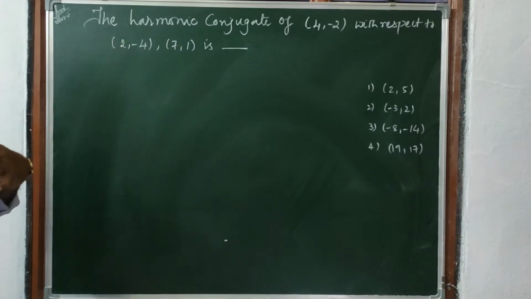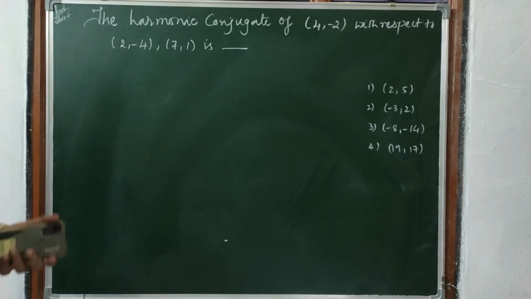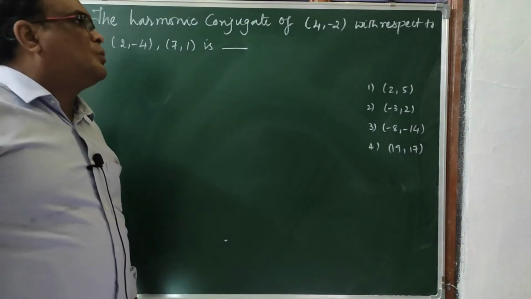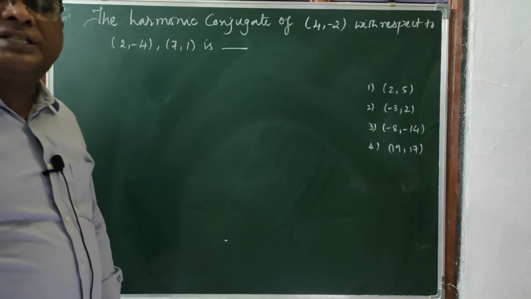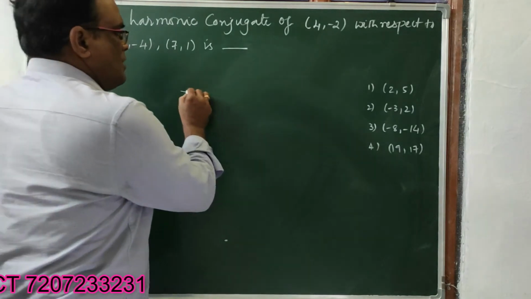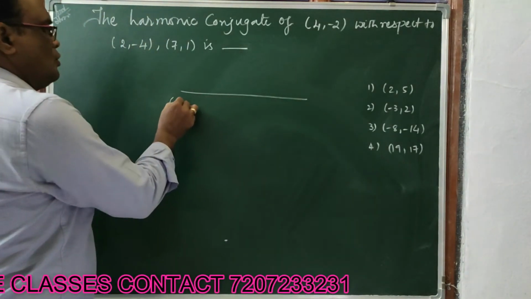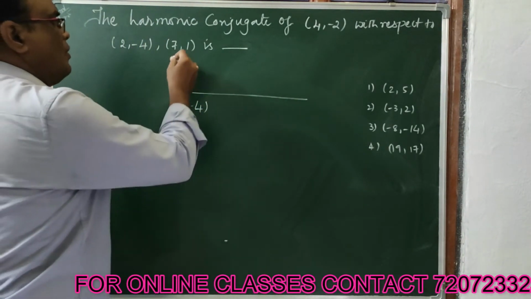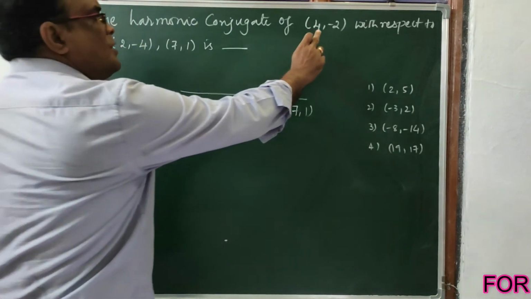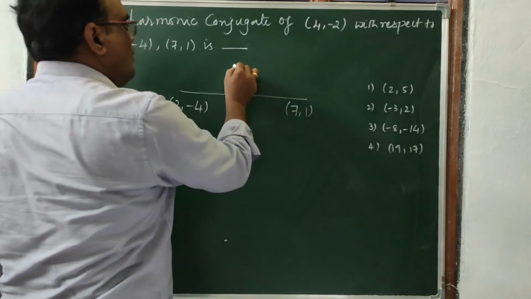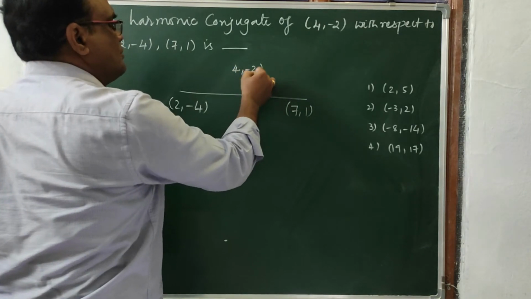The harmonic conjugate of (4, minus 2) with respect to (2, minus 4) and (7, 1). First you write here (2, minus 4) and (7, 1). Which point is dividing (4, minus 2)?